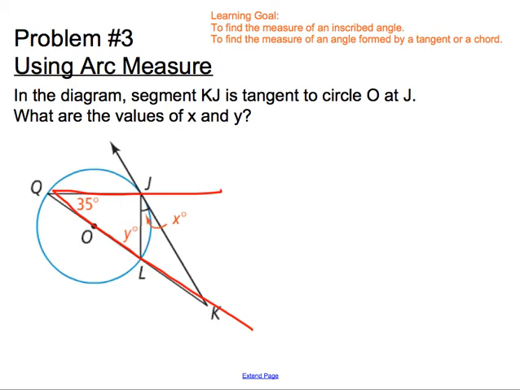Now, since that has a 35 degree angle measure, and we know that by going from the arc to the inscribed angle, we take half of it, here we're going the opposite direction. So this arc is actually going to be double 35, or 70 degrees. Now, as I work my way around the figure, we have chord JL and tangent line JK.